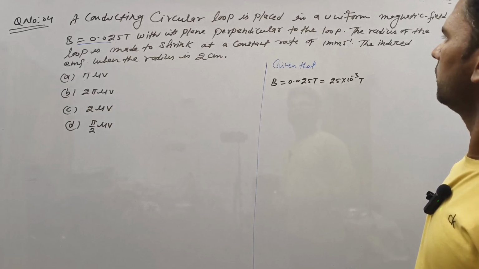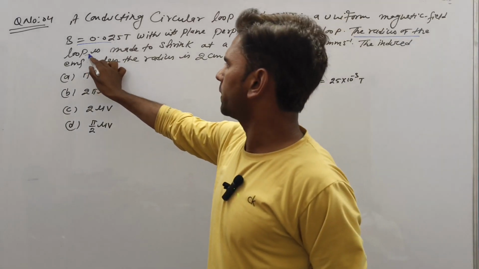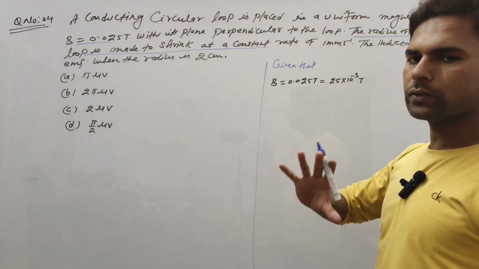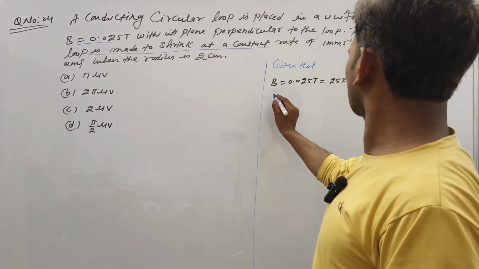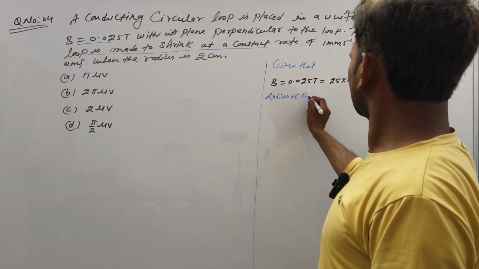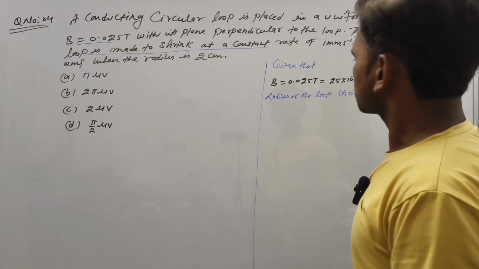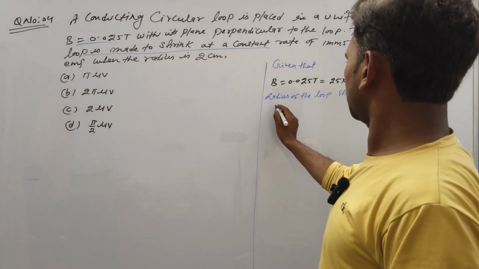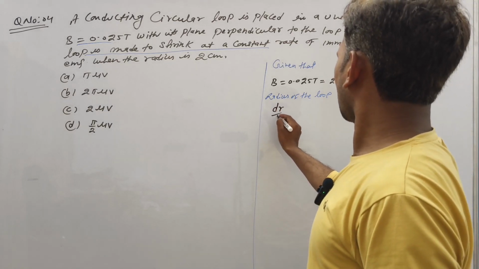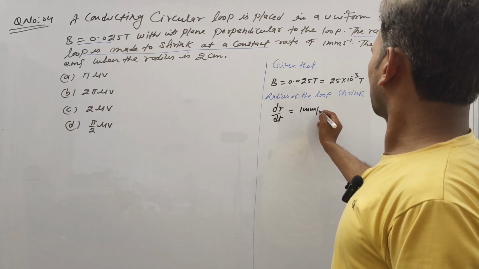Similarly, what is the next given? The radius of the loop is made to shrink at a constant rate. So the radius of the loop shrinks, which rate? dr upon dt you can write as 1 mm per second.